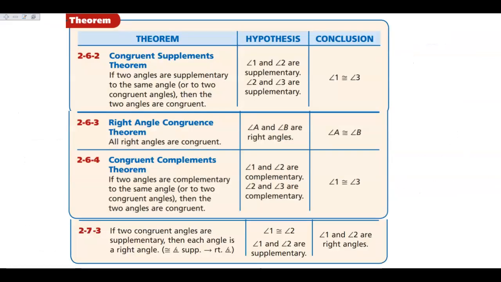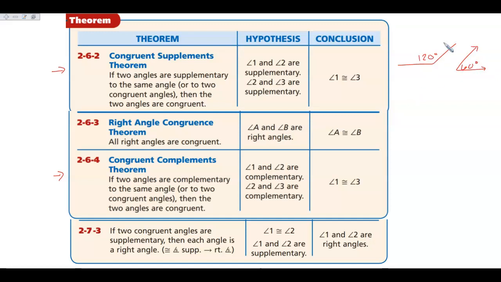So let's take a look at a couple of theorems that we're going to talk about today. We have two theorems that are similar, our congruent supplements and congruent complements theorems. What these say is if I have two angles that are supplementary to the same angle, and if we were to sketch this, let's say this is 120 degrees, that would make this one 60 degrees.